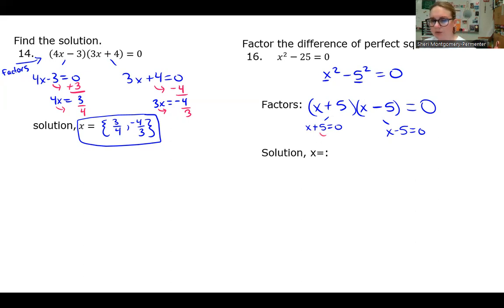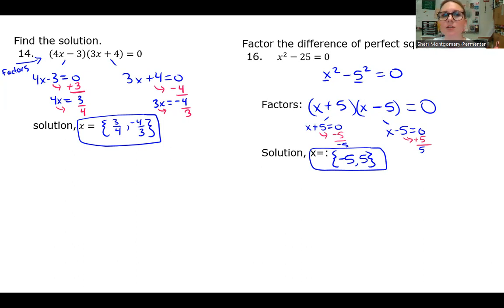On this one, I'm going to subtract 5. On this one, I'm going to add 5. You just get x equals. That's what you're looking for.